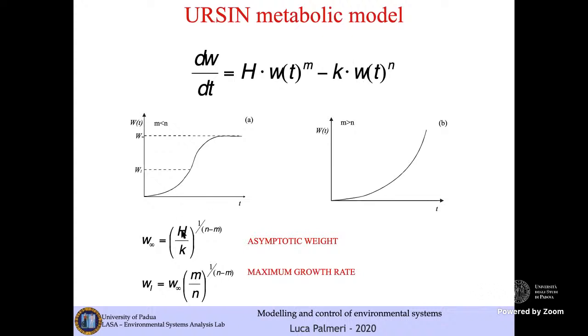We have the reverse case when m is larger than n. In the reverse case, we have an exponential growth. And I just want you to remark that this part of the exponential growth is somehow similar to the beginning of the sigmoidal curve.